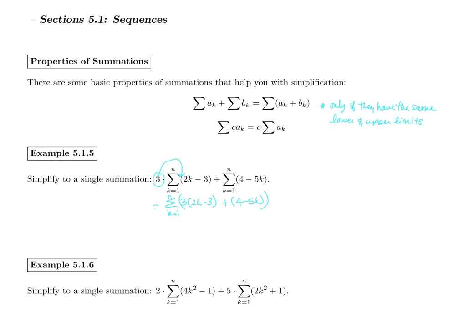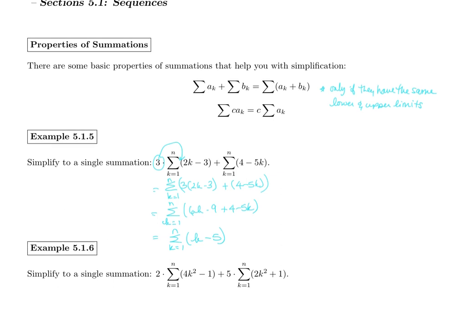So here, this means that we have the sum from k equals 1 to n of 6k minus 9 plus 4 minus 5k, or the sum from k equals 1 to n. 6k minus 5k is just k, negative 9 plus 4 is minus 5. So not so bad, it's the sum from k equals 1 to n of k minus 5. And now we've taken what looked like a pretty complicated problem and we simplified it quite a bit.